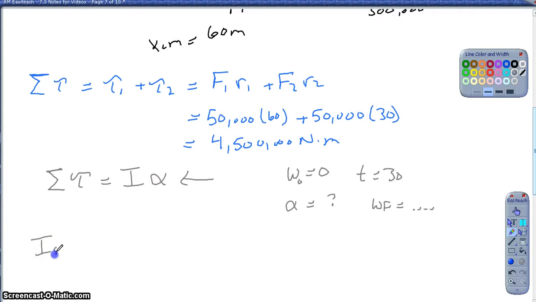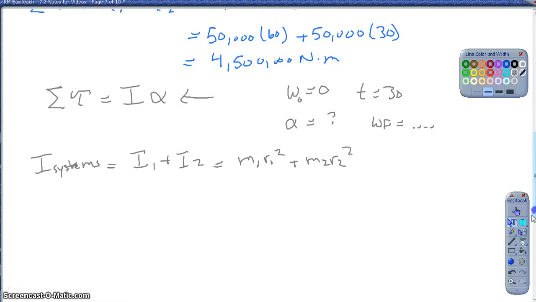Well, once again, for finding this system's moment of inertia, it's very important that we found that center of mass. Right, the moment of inertia of this system is going to be the moment of inertia of that first rocket plus the moment of inertia of the second rocket. So it's going to be m1 r1 squared plus m2 r2 squared. So once again, very, very important that we went ahead and identified, which we did, the radius that they are from the center of mass, right, from the point at which we're going to be pivoting.